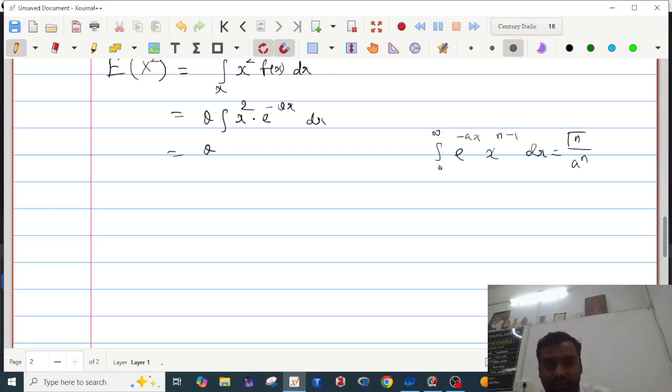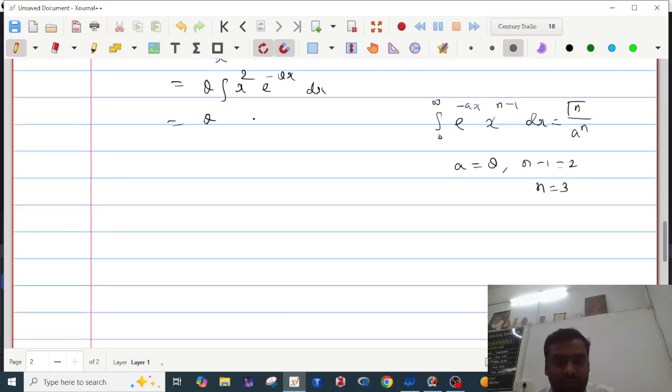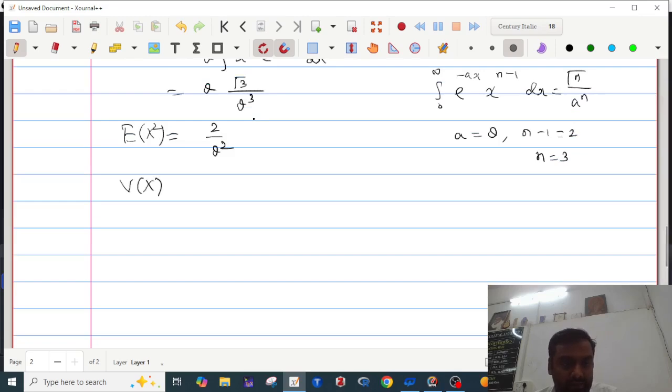Comparing, a is theta and n minus 1 is 2, so n will be 3. Put these values: theta into gamma 3 upon theta cube. Gamma 3 is 2 factorial. If you solve this, you will get 2 upon theta square. Expectation of x square is 2 upon theta square. And hence the variance of x is found using the values of E of x square and E of x in the formula of variance.